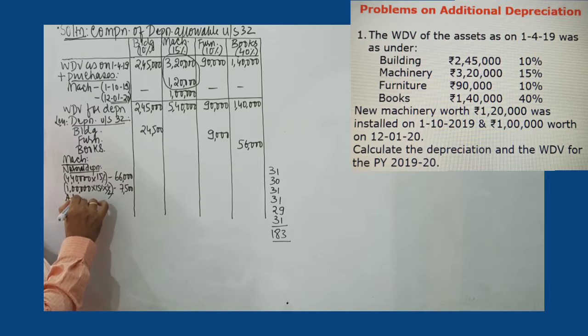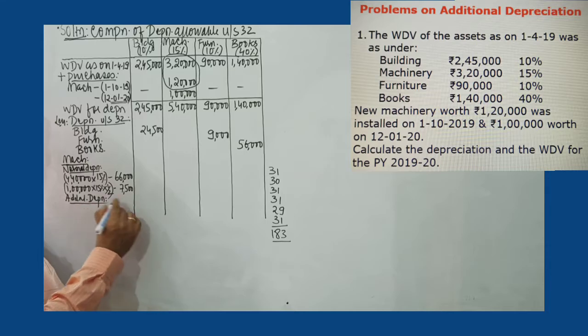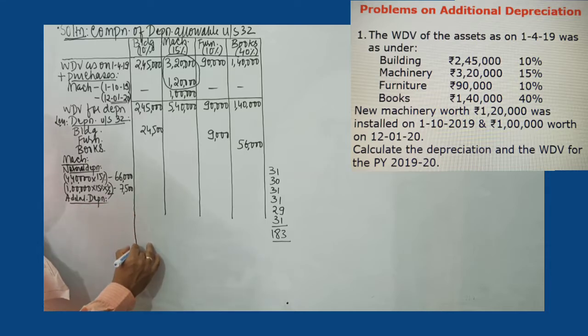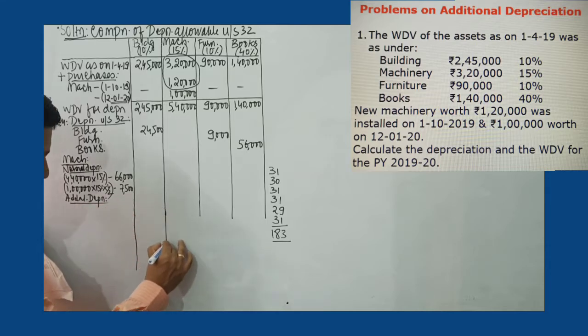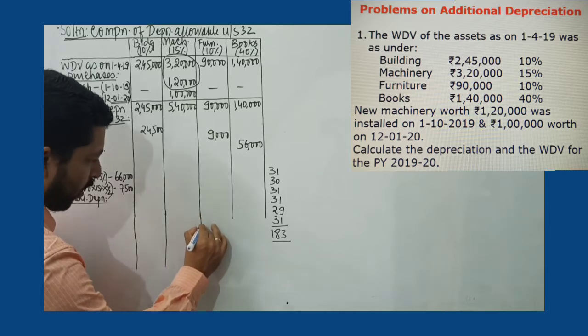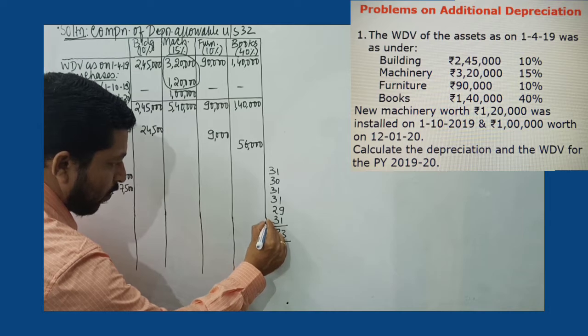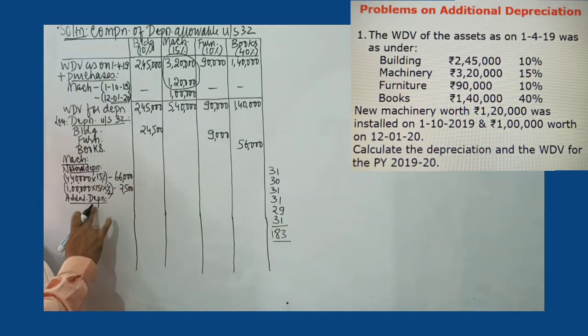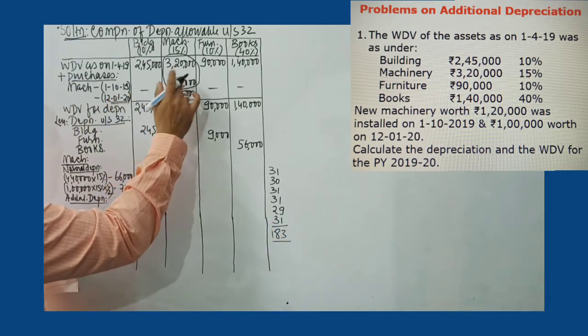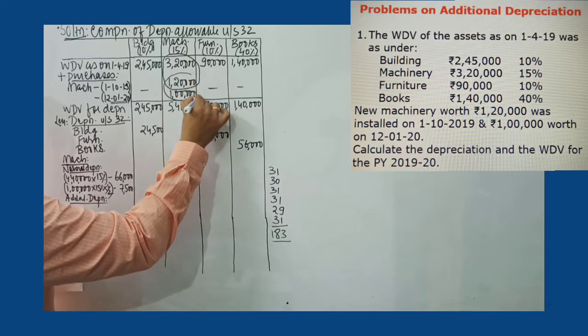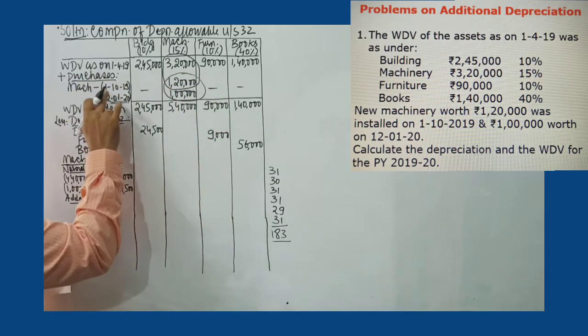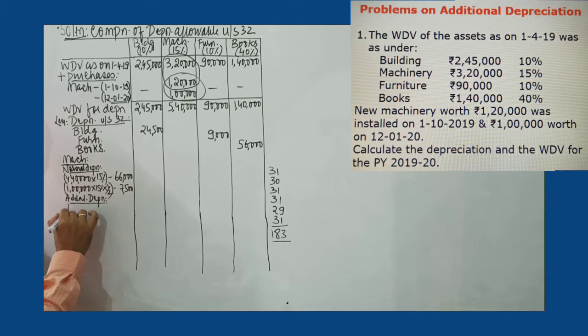Then we have something called additional depreciation. And we know very clearly the rate of additional depreciation is 20%. And if it is used for less than 180 days, then definitely we need to multiply that with half. Now additional depreciation is only on this new plant and machinery. So machinery purchased on 1st of October 19 is 1,20,000.